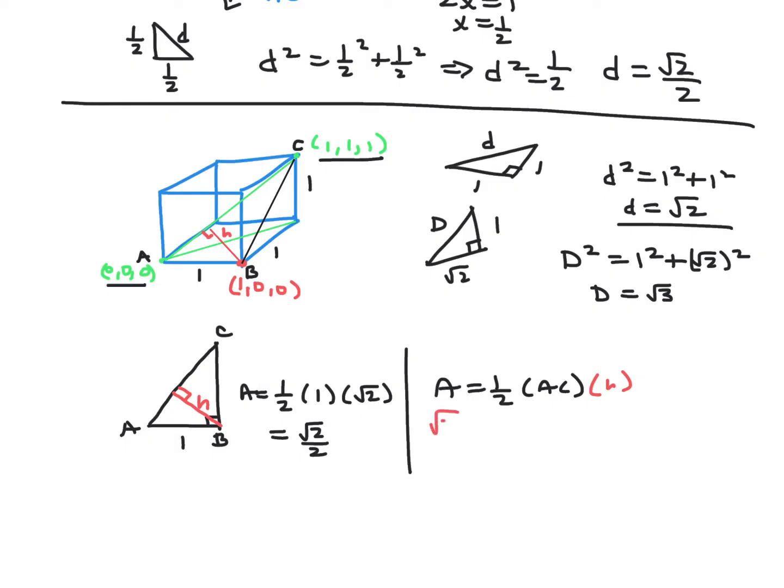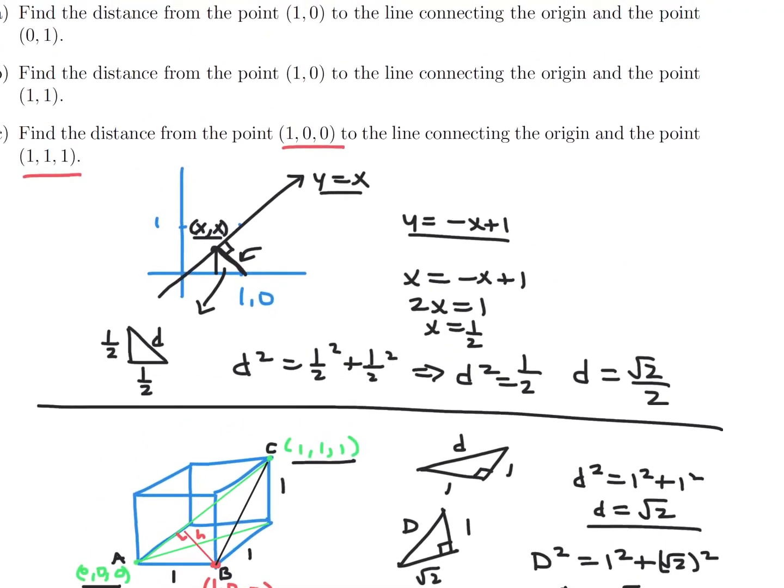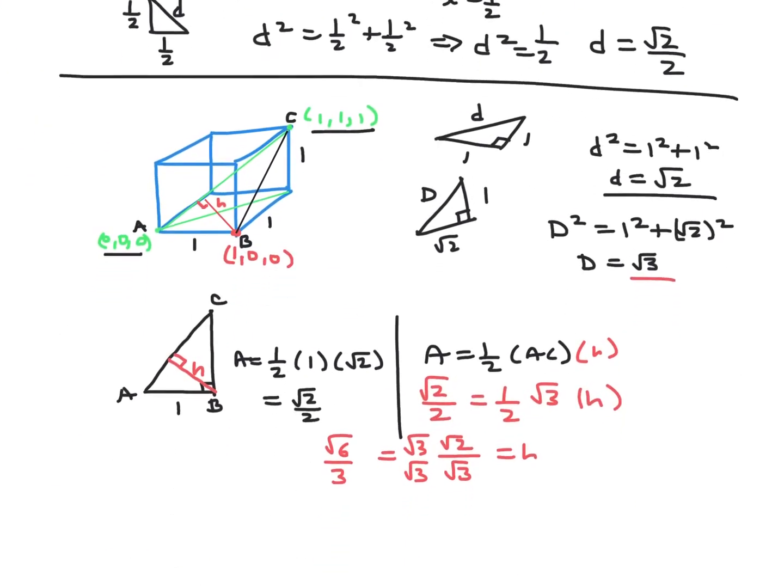So since that's root 2 over 2, this AC is what? That long diagonal, that's root 3, right? Okay, so 1/2 root 3 H. So that basically means root 2 over root 3 is H. So if I rationalize the denominator, I will get root 6 over 3. So there you go. So that took a little bit of time to figure out that distance, and that is root 6 over 3.